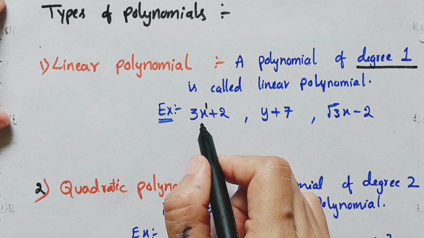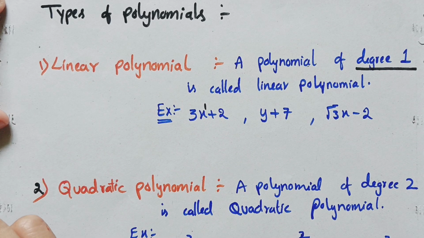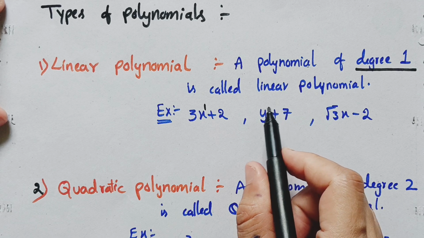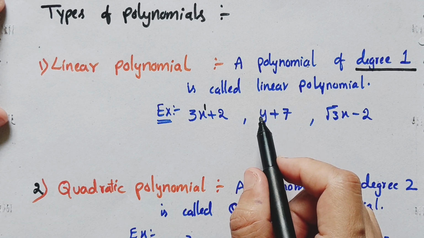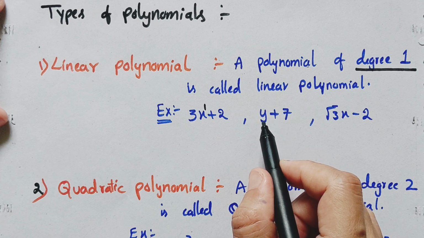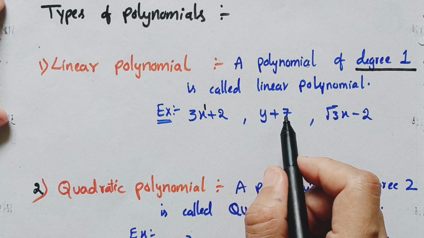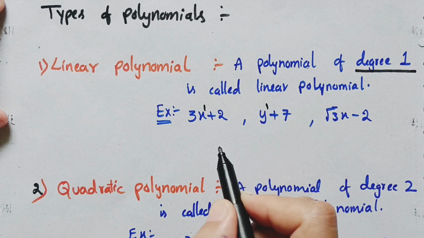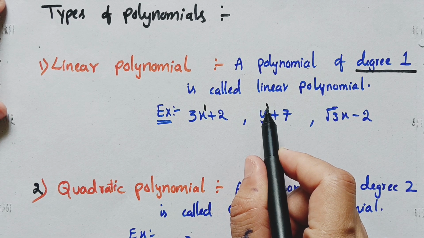3x plus 2 is the example of linear polynomial. Let us take another example, y plus 7. So this polynomial is in the form of p of y, where y is the variable in this polynomial. So what is the degree of this polynomial? Y has only 1. So the degree is 1.